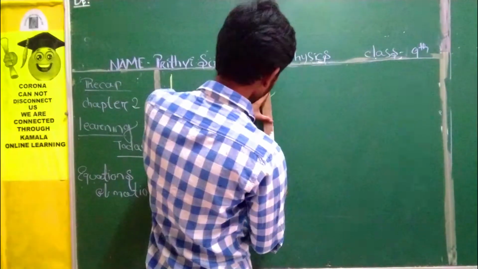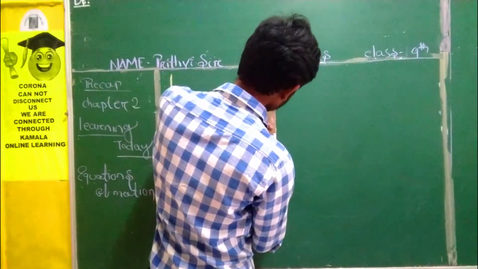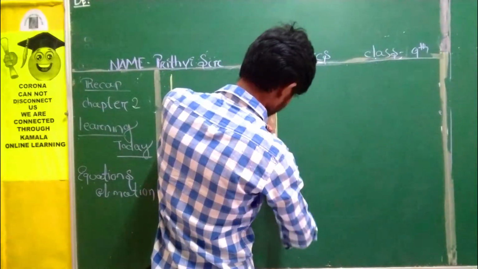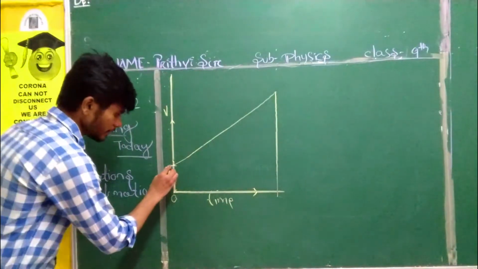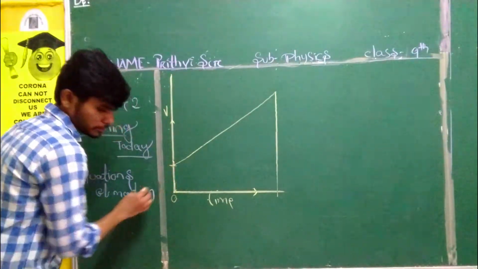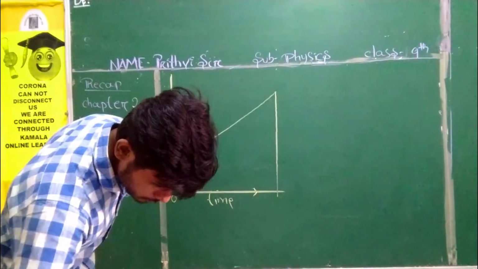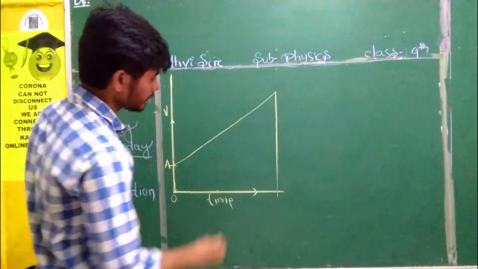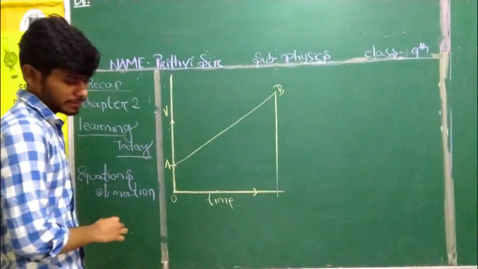And here, let me draw one line. Here, students, this line which you can see, suppose I give this line as point A, and this one as AB, I'll denote.